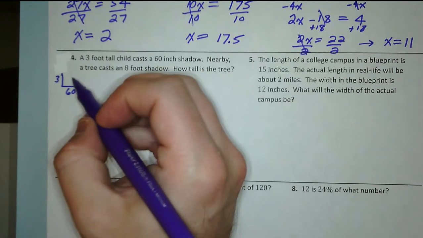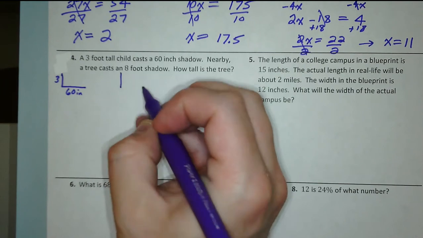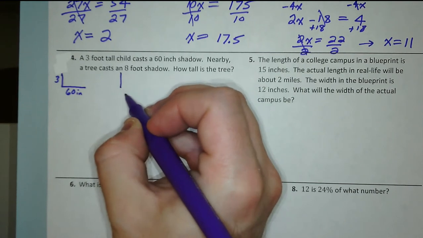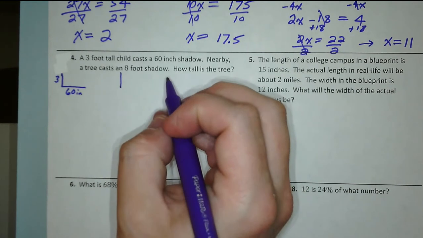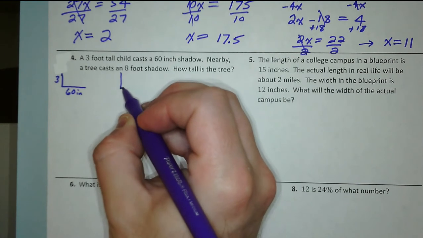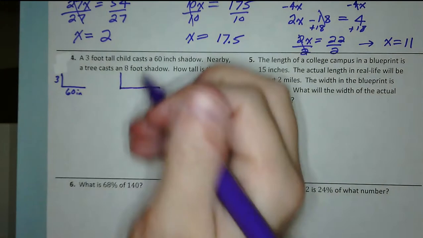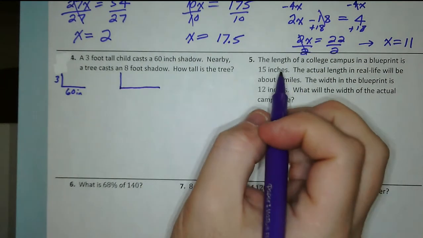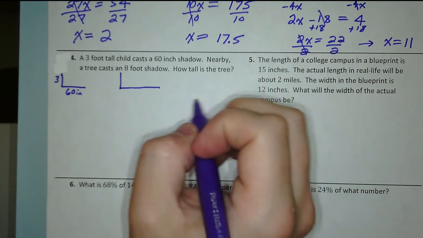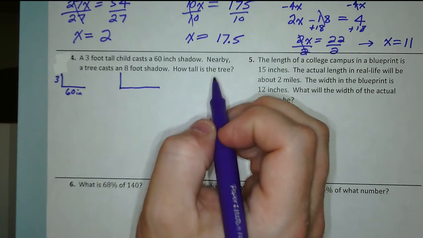The point is this, and then when you talk about this tree, that makes an 8-foot shadow. 8 feet. It's almost like we want that to be in inches. Number 4 gets extra complicated because we're using inches and feet almost willy-nilly.